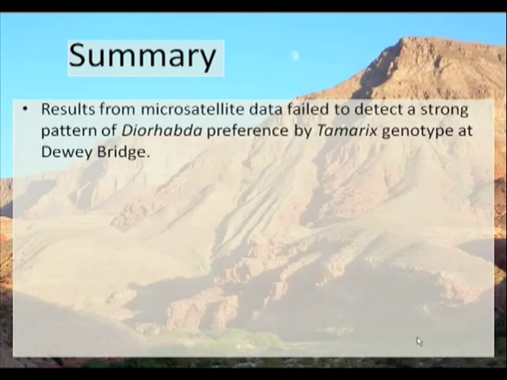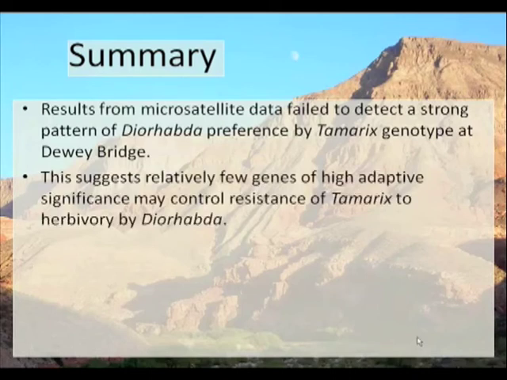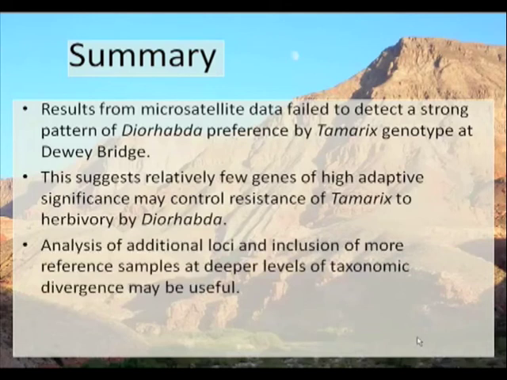Okay, so to summarize, microsatellite data failed to detect a strong pattern of Diorhabda preference by Tamarix genotype at Dewey Bridge. But to me, this suggests relatively few genes of high adaptive significance may control resistance of Tamarix to herbivory by Diorhabda.